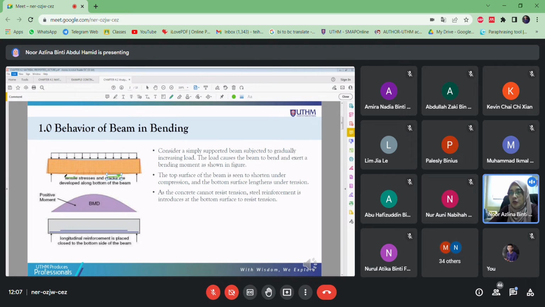The bottom one is in tension, so it increases in length, while the top one compresses. That means it becomes shorter. There will be cracks here. That shows that this structure is in a stress condition.